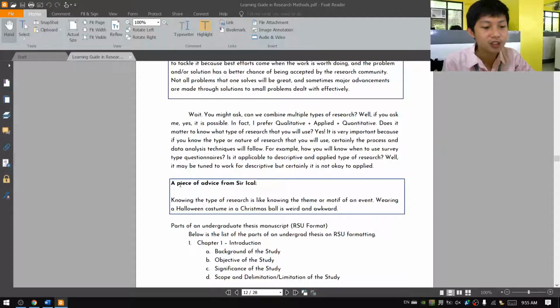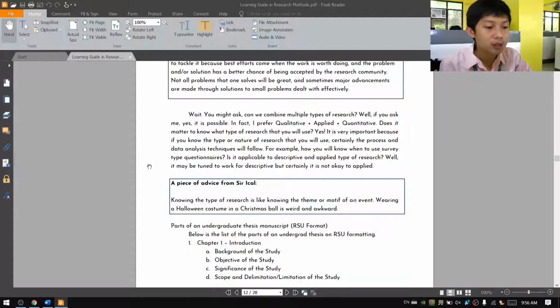Knowing the type of research is like knowing the theme or motive of an event. If the event is a Halloween costume party, you wear a Halloween costume. You cannot wear barong Tagalog unless you are dressed up like a zombie or whatever.